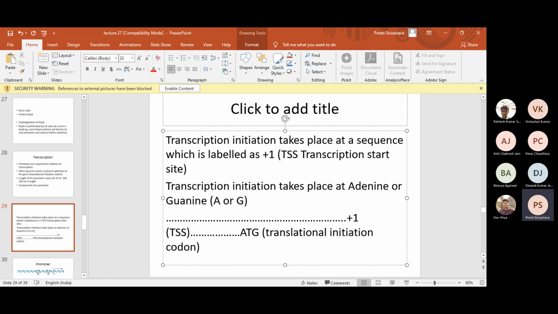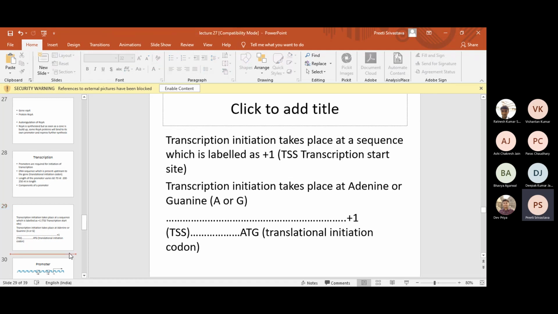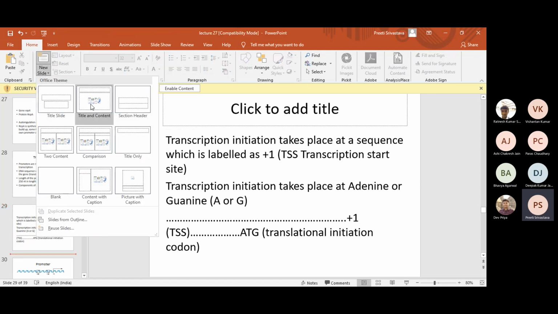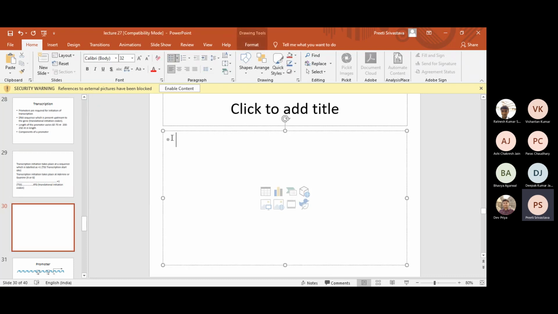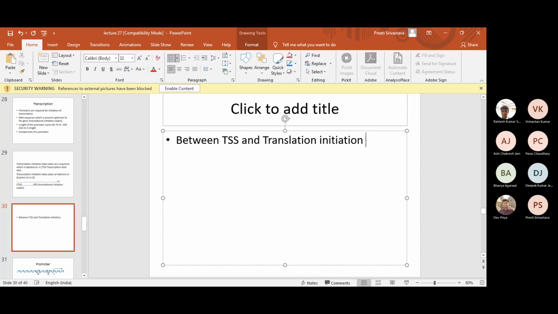Between the transcription start site and the translation initiation codon, there is a sequence. This region is called the UTR, and since it is present at the 5' end, it is called the 5' UTR.